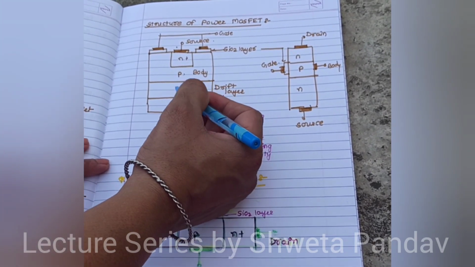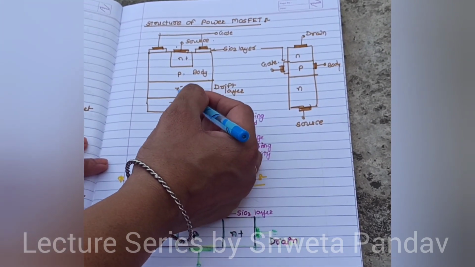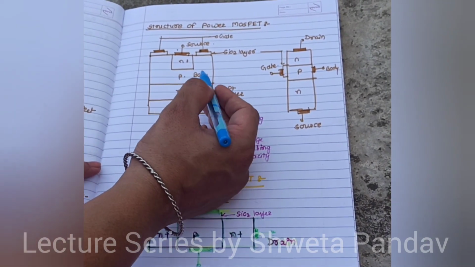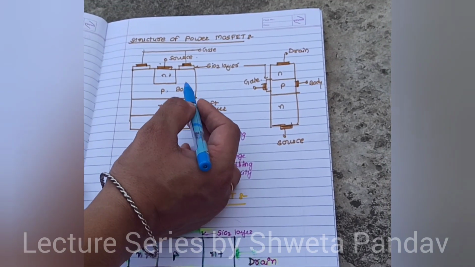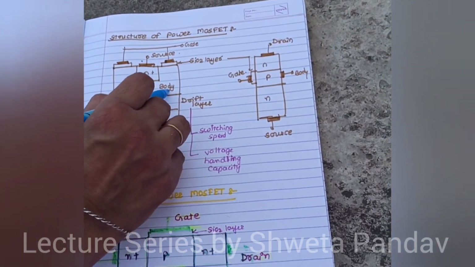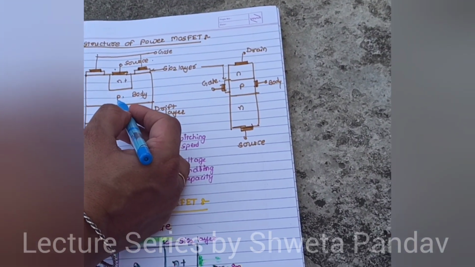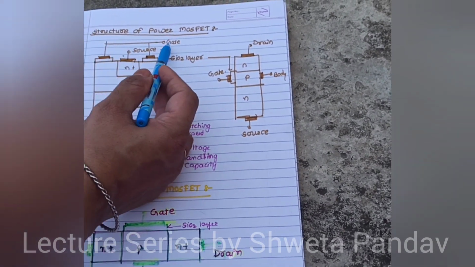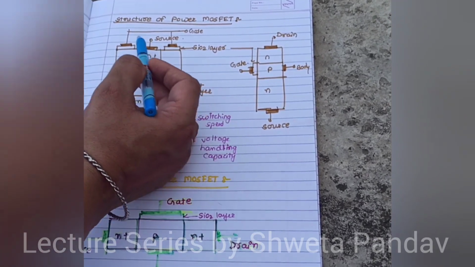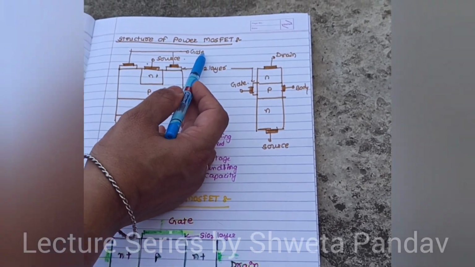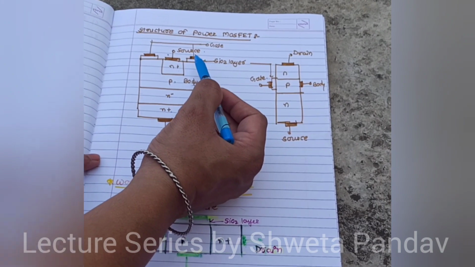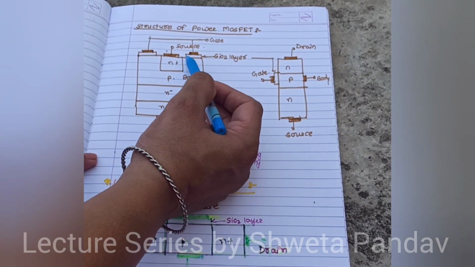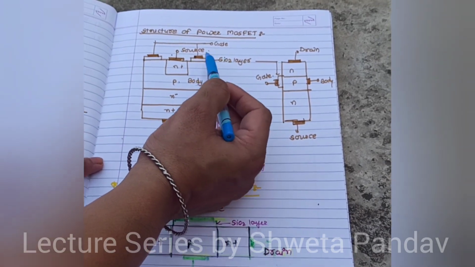Above the N plus layer it has an N minus drift layer and a P layer, which is called the body of this MOSFET. From the body, two terminals are taken out. The gate terminal is not directly connected to the body; one more layer of SiO2 is above the body terminal.